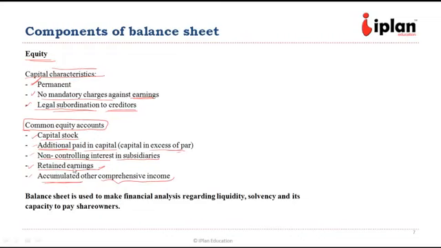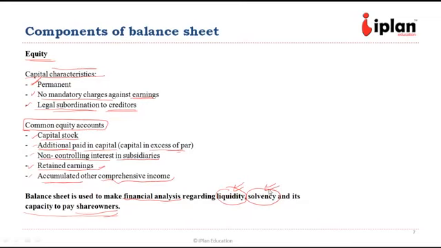So this was about the three important components of the balance sheet. This balance sheet is used to make financial analysis regarding liquidity, solvency, and capacity to pay shareowners. So if the company has current assets significantly higher than the current liabilities, that will say in the short term liquidity is good.